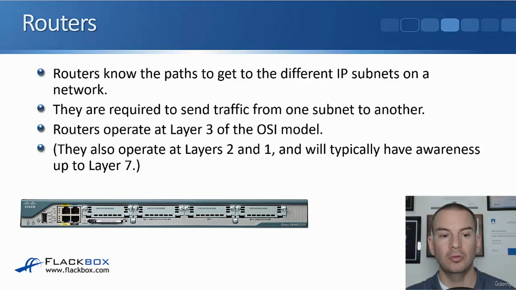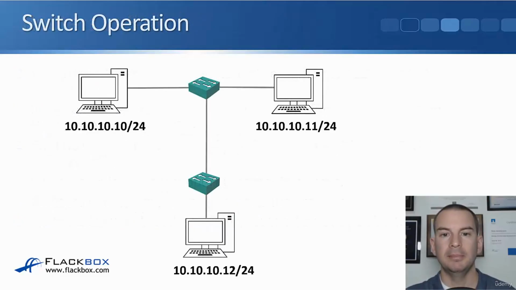But if you look to the right of those ports, you see that there are modular slots there. So we can buy different types of interfaces such as ADSL, Ethernet, serial ports, and we can put them into the router.